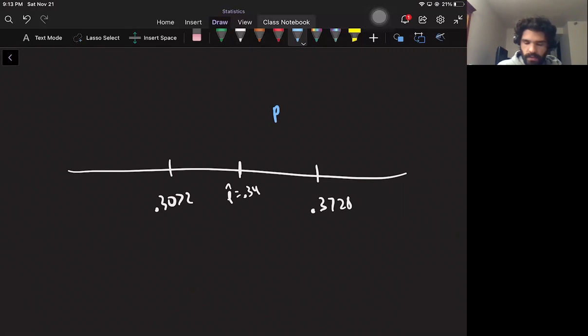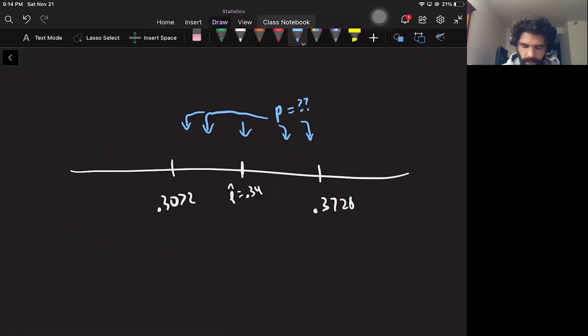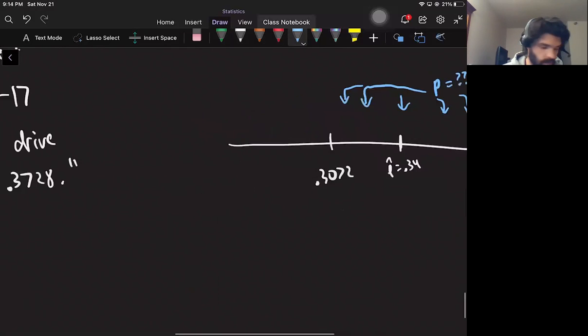I don't know what this is, but I'm 95% confident that it's somewhere in here, where 95% confident is a technical term to mean all the stuff that we did. Okay, so that's the end of this problem.